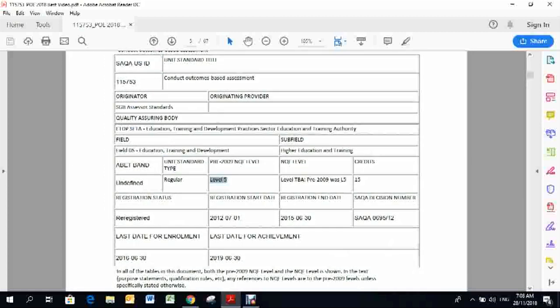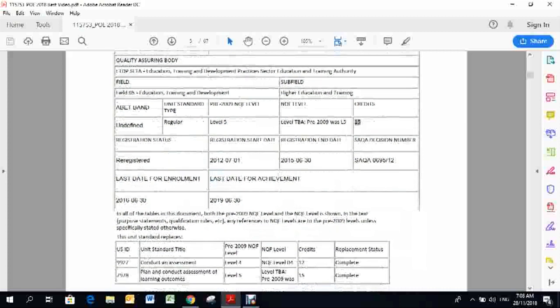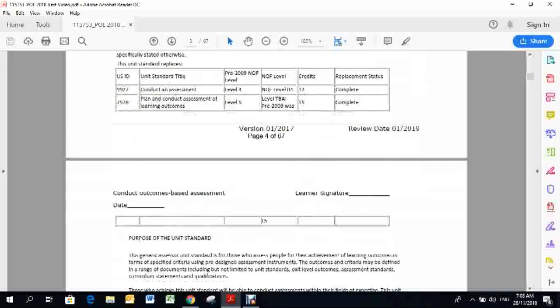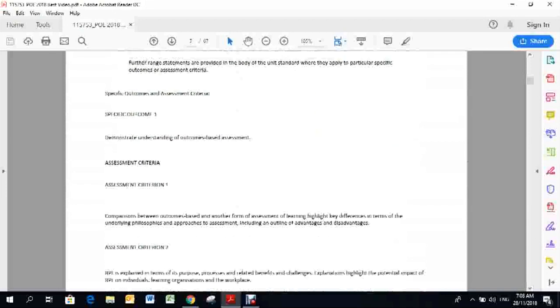And it will tell you how many credits. It will tell you when the qualification is going to expire. It will tell you everything about the qualification. But let's go down to where we actually need to know much. The specific outcomes: it's got 5 specific outcomes.